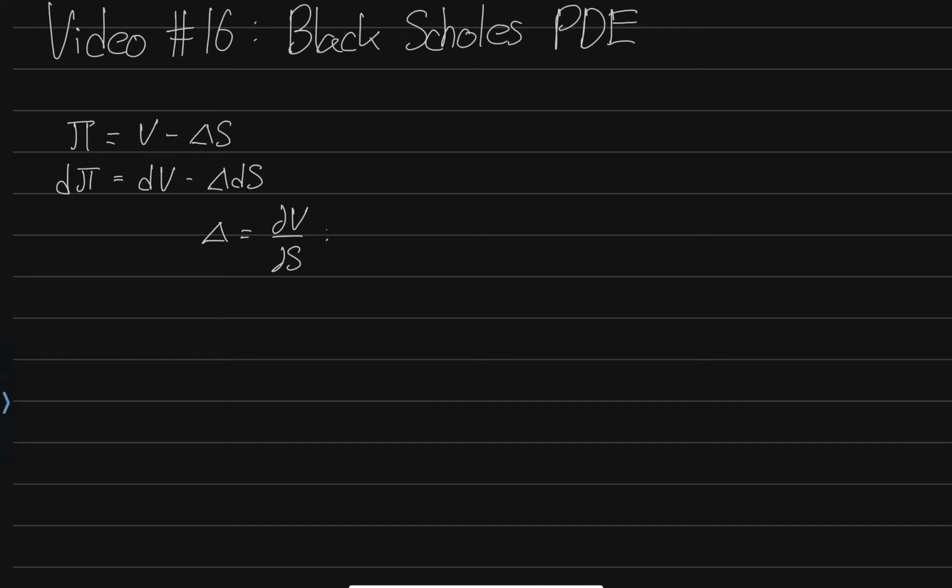And this is actually a very important option Greek. There are many more option Greeks that do exist, but in this video lecture series, I will not be covering all of them. The only one I will be covering is delta, which essentially tells you how many underlying assets one of your financial derivatives would be represented as.